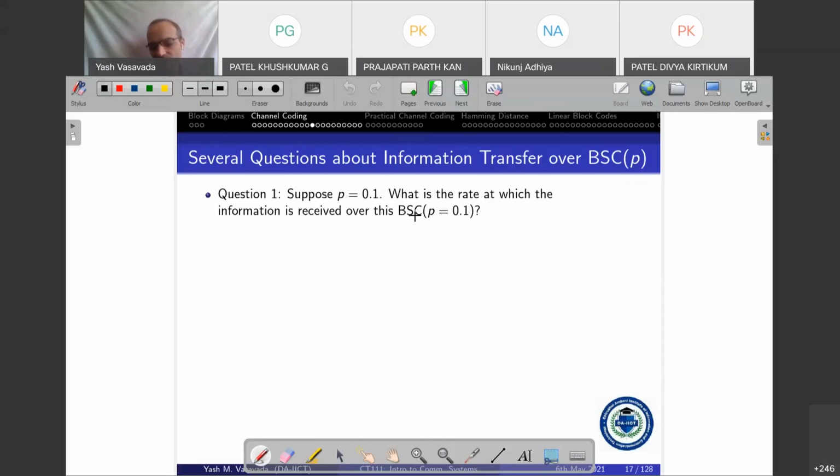So if you want to look at how many bits per second the receiver gets correctly without any errors, then obviously the answer cannot be 1000, right? Because the channel is randomly flipping about 10% of the transmitted bits. So I think the majority of you said that it is going to be 900 bits per second because the channel is messing up with about 10% of the bits, right?